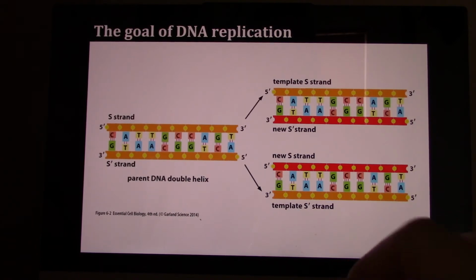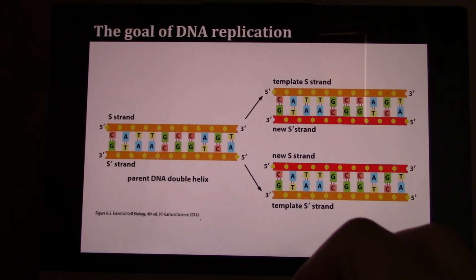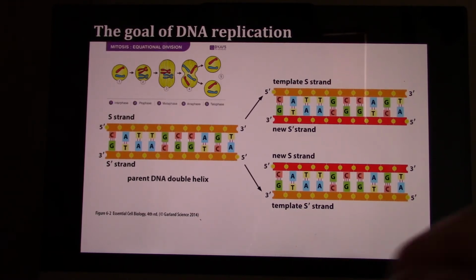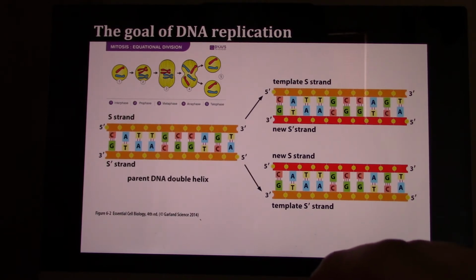The goal of DNA replication typically is to give you identical DNA molecules. So for example, in mitosis, you're going to start with a parental cell here that has 2 chromosomes. You're going to duplicate those chromosomes in S phase.